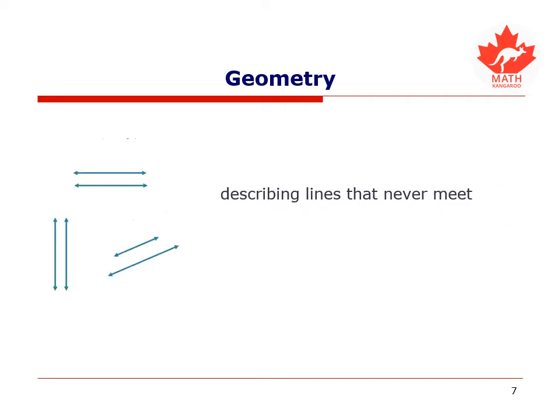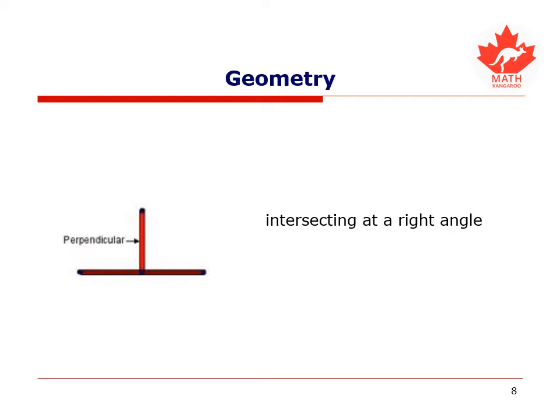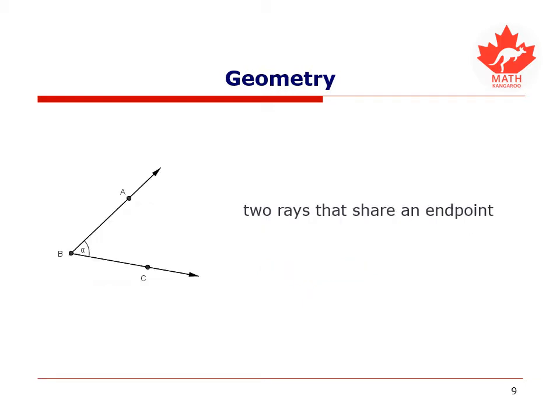Describing lines that never meet. Parallel. Intersecting at right angle. Perpendicular. Two rays that share an endpoint. Angle.